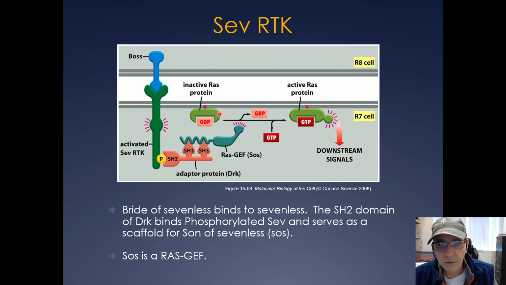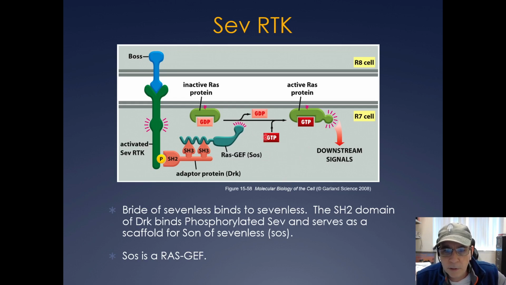So it activates the exchange of GDP for GTP on a small G protein like RAS. So what son of sevenless is doing here is activating the exchange of GDP to GTP on RAS, and then RAS becomes activated, and then it can lead to downstream signals such as the MAPK kinase cascade and other things.